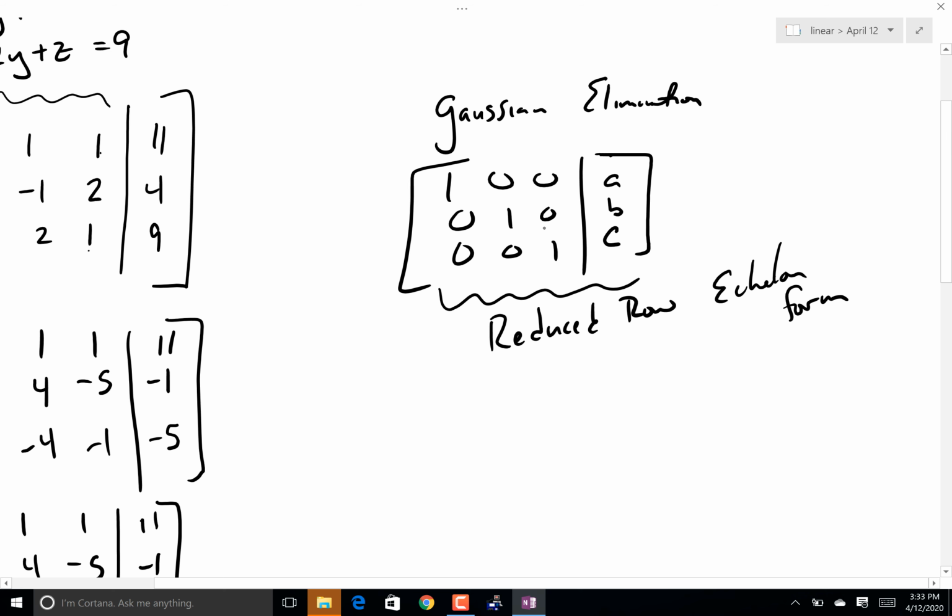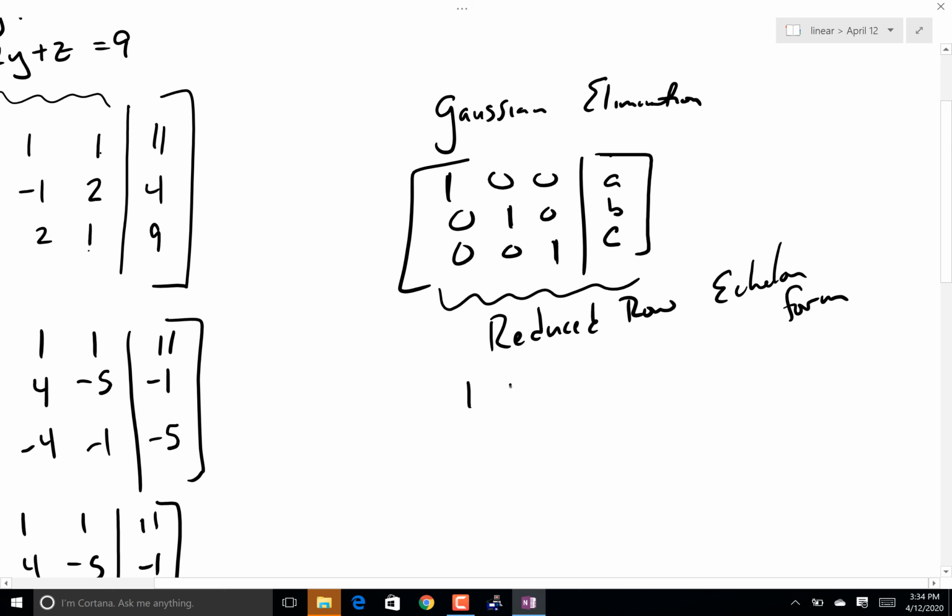By definition, it is in row echelon form. Row echelon is the idea that these aren't just ones. Reduced row, there are ones there. The leading entry is a 1, and each column containing a leading 1 has zeros everywhere else. And it's a staircase design all the way down the line.